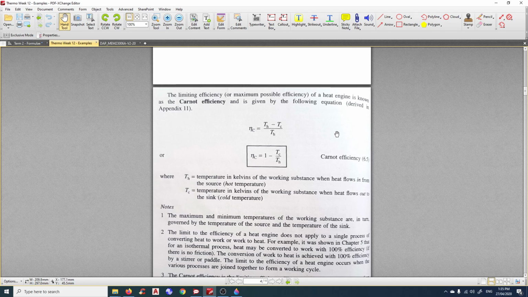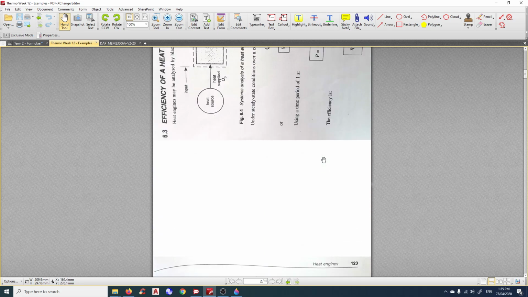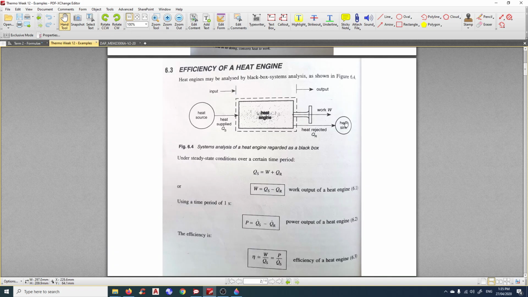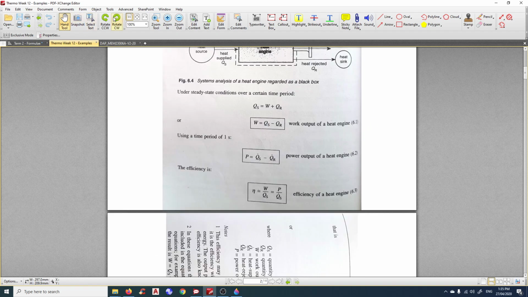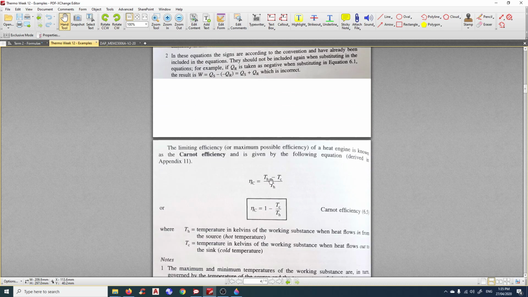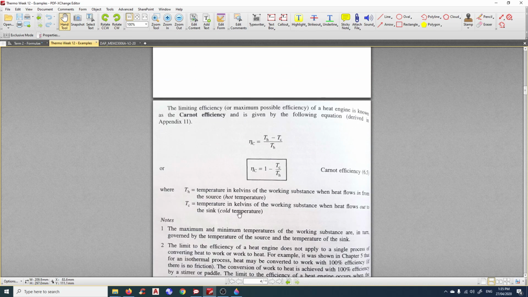So back to this diagram again. It is the temperature of the sink divided by the temperature of the source, and 1 minus that answer. But do remember, this temperature must be in kelvins.